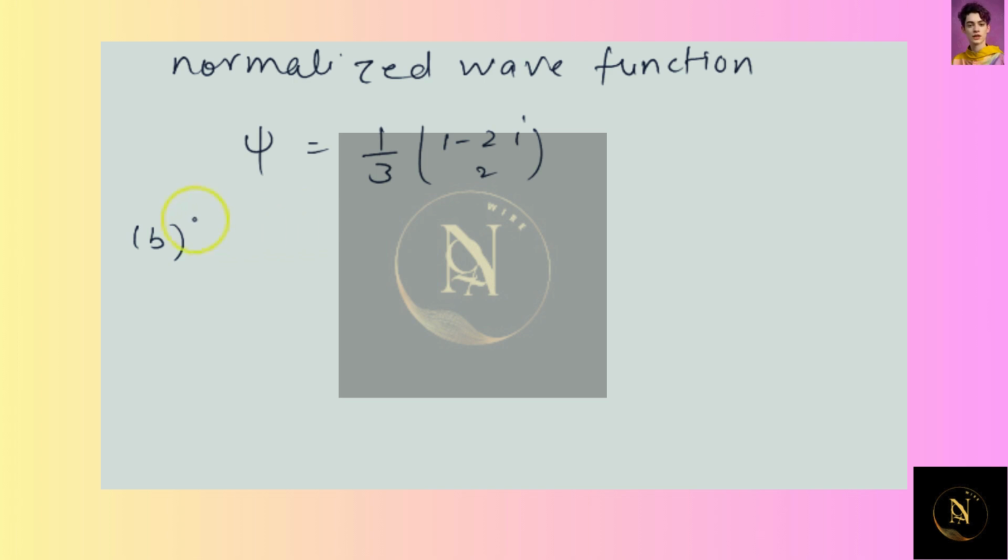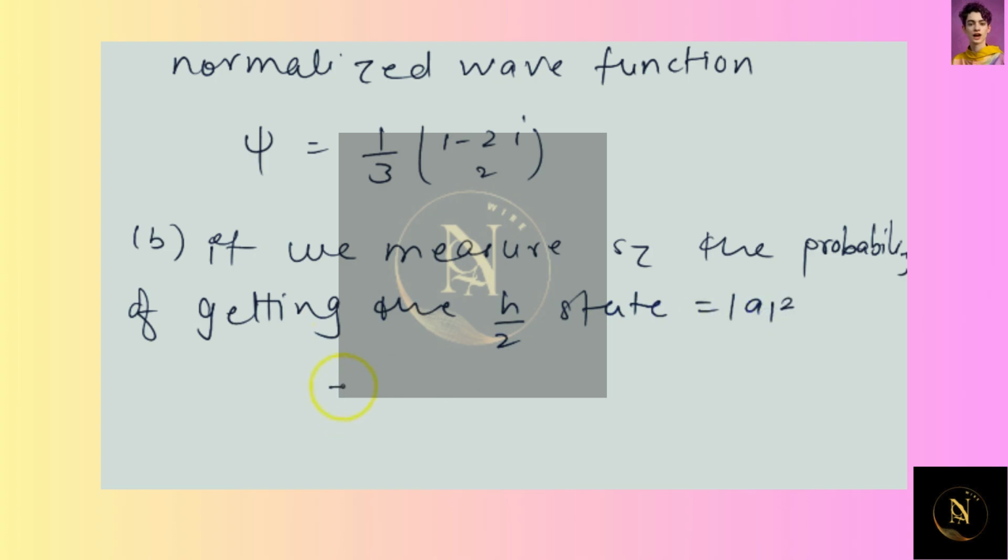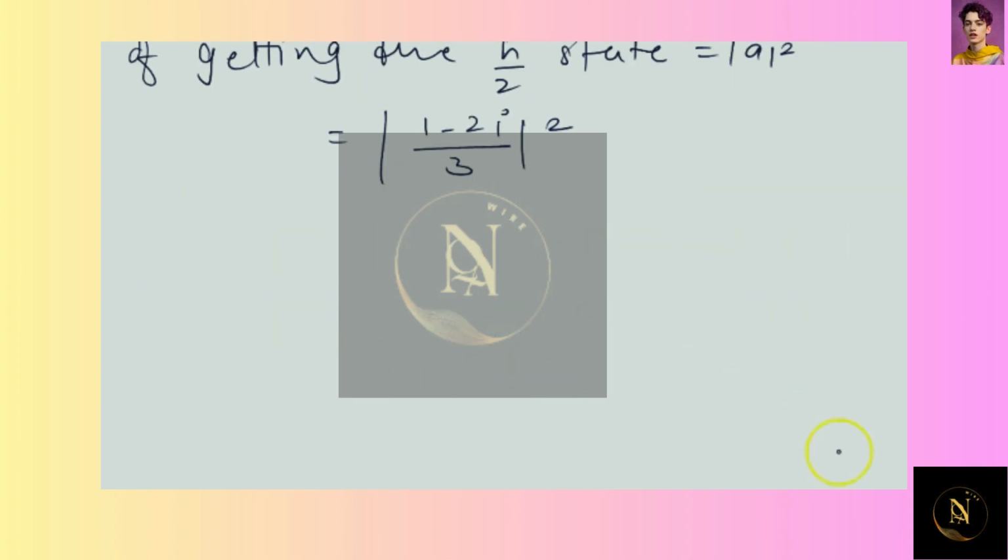If we measure Sz, the probability of getting the h by 2 state is mod of A squared, which is mod of (1 minus 2i divided by 3) squared. Simplifying, 1 plus 4 divided by 9, which is 5 by 9.